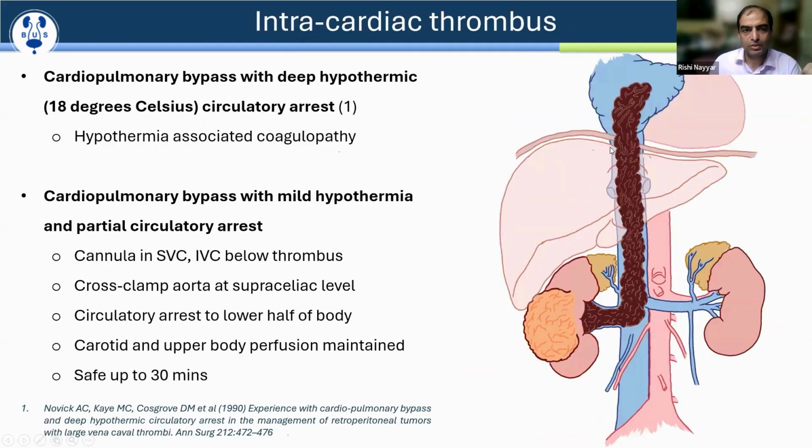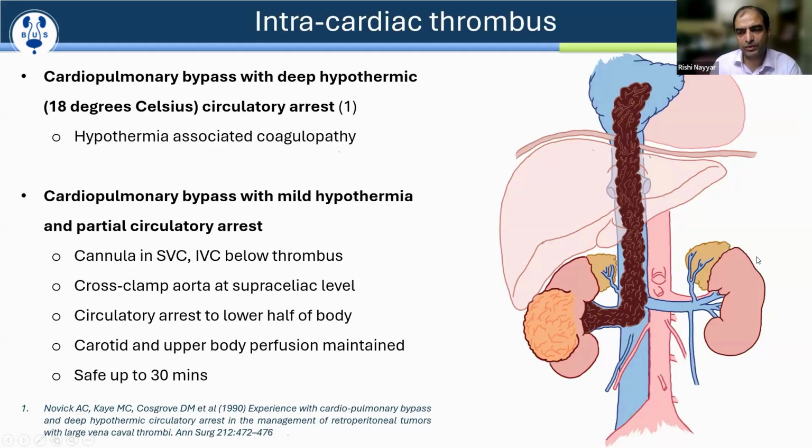So now coming to the highest level of tumor thrombus. In these cases, cardiopulmonary bypass is essential, and a complete deep hypothermic circulatory arrest is used. The temperature of the patient is lowered to 18 degrees centigrade, and at this level almost nil flow is kept to the rest of the body.